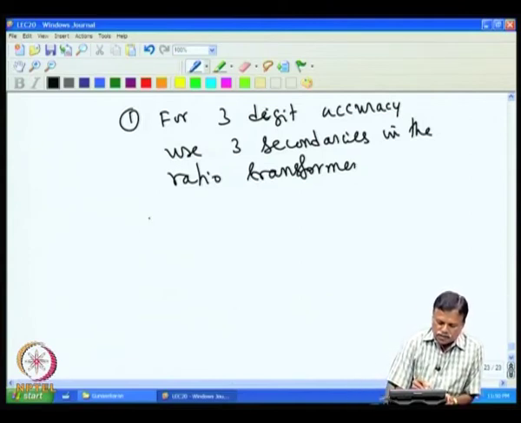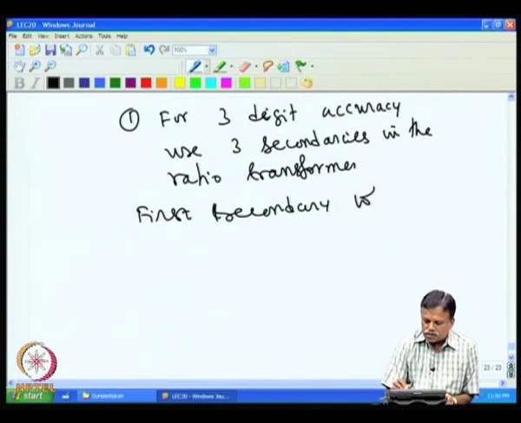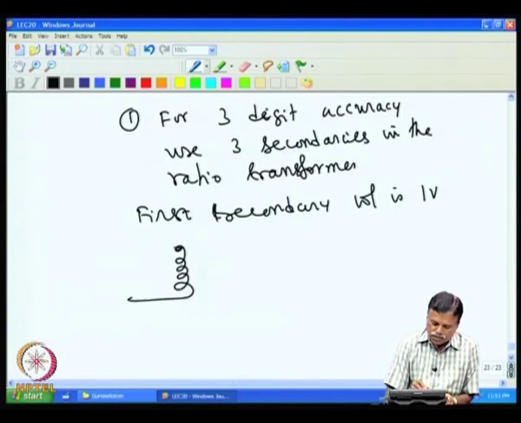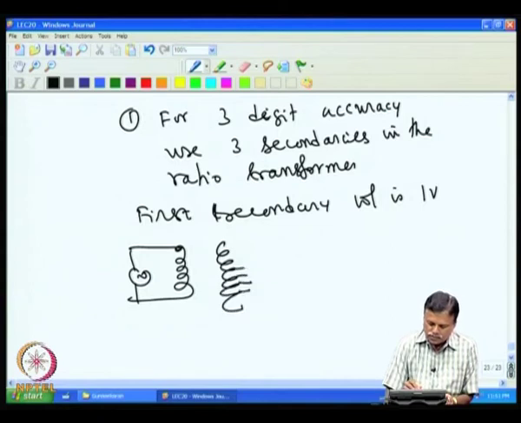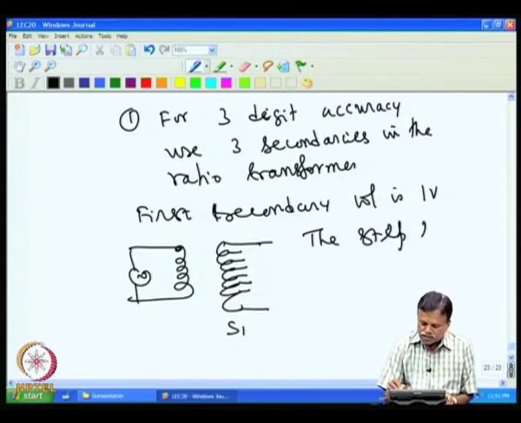The first transformer, first secondary S1, voltage is 1 volt. This is because you have 1 volt in the primary and then you have 10 tenths. The step size here is 0.1 volt. So, each turn has 0.1 volt.